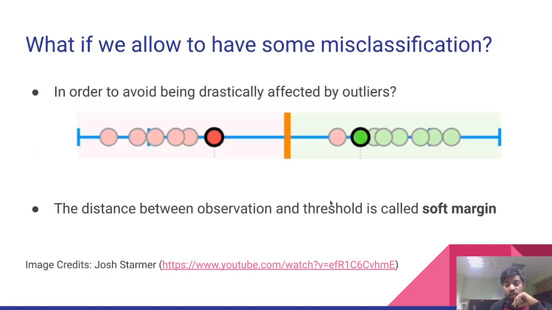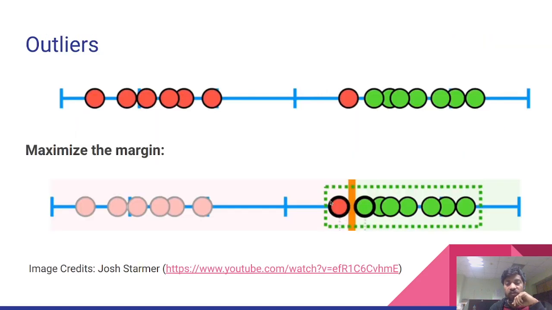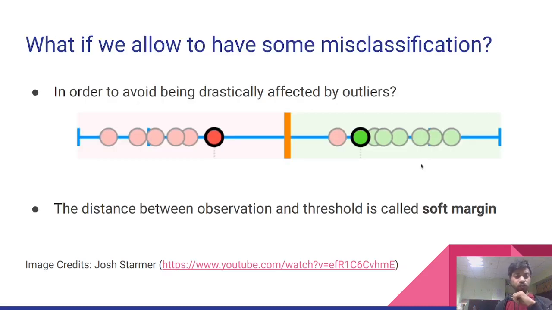If there is some new point, suppose a point comes here, then it will say it is not obvious, even though it is very near to all these examples. So that is one of the drawbacks of doing it this way, because just because of one example, our margin is shifting from here to here.